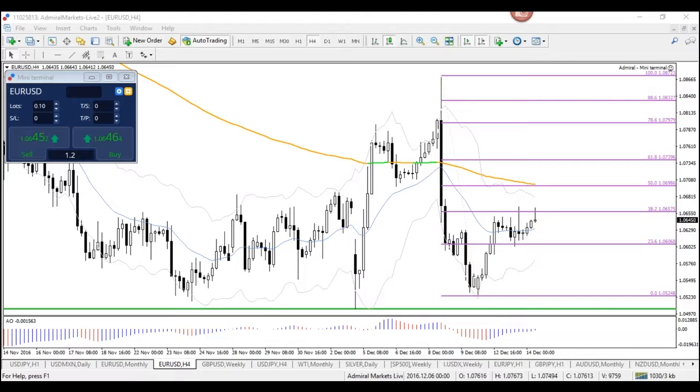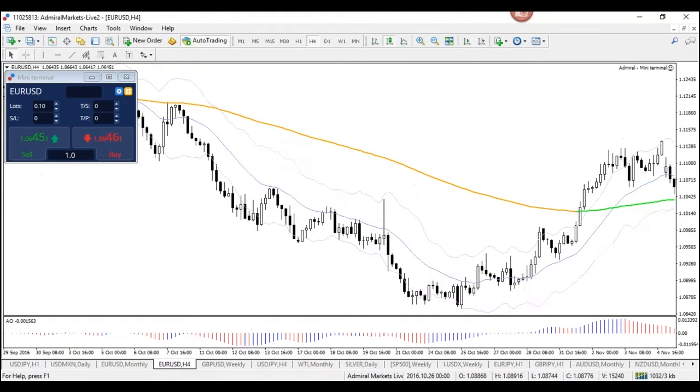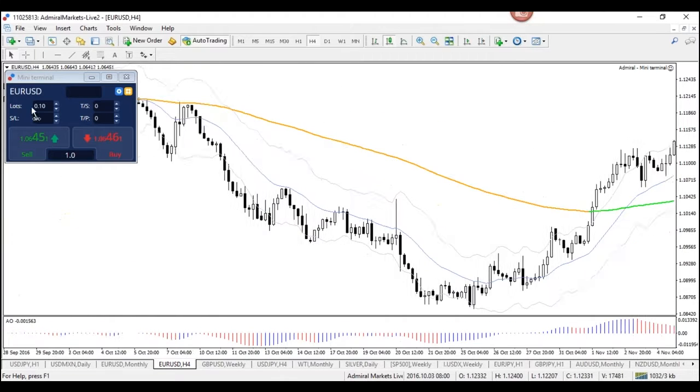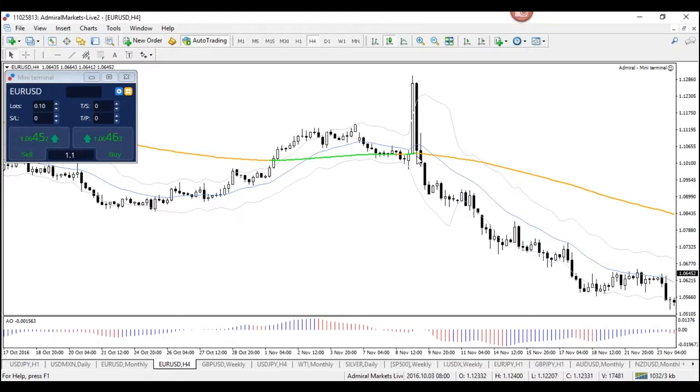So, okay. For instance, let's see here. Strong candle to the upside. If you just look at candlestick patterns, you may think, oh, that's a Marubozu candle, and then it says master candle, and it is.